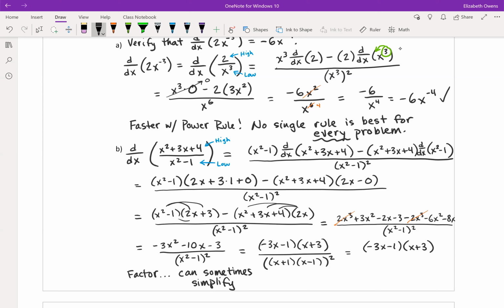So I'm going to write this again with that denominator of x squared minus 1 squared, just to make it a little more compact again. But you could really put any one of these three forms, any one of these answers would be totally fine. That, or even that. Okay, so there's some examples with the quotient rule.